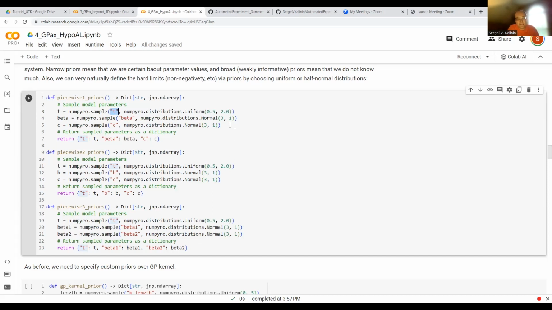But again, I cannot stress how important is the definition of the prior functions, so prior distributions for the parameters, because ultimately that defines your knowledge of the system.